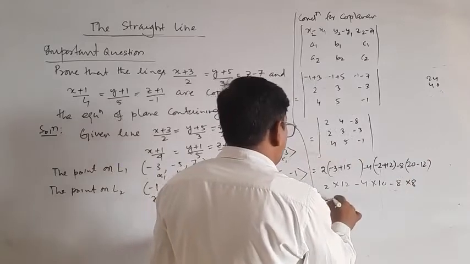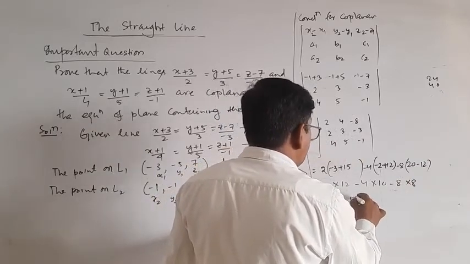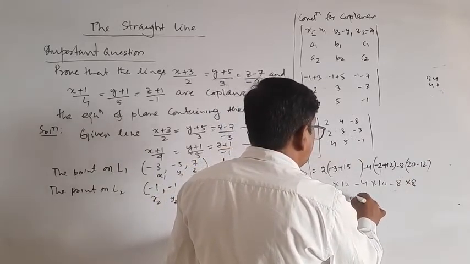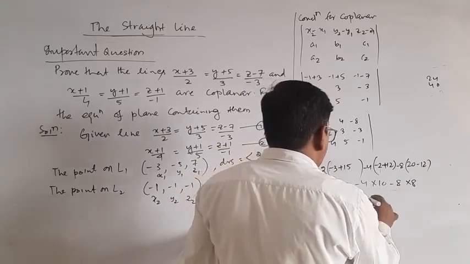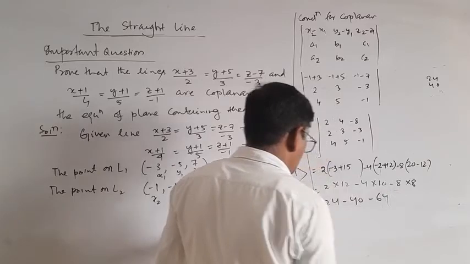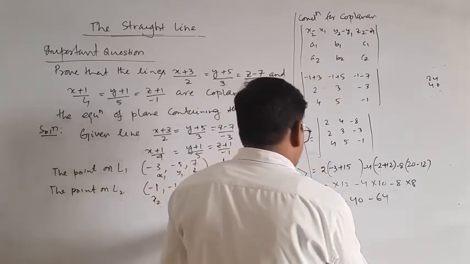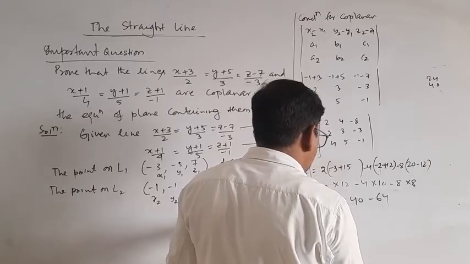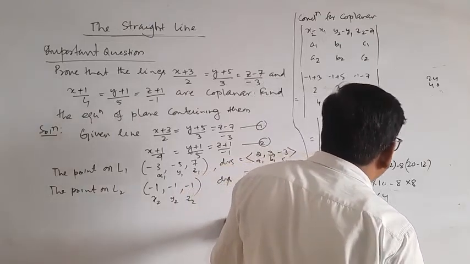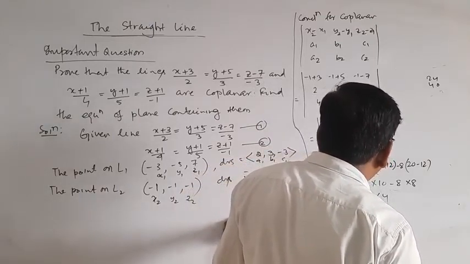So 24 minus 40, and this is minus 64. So this is minus 64.